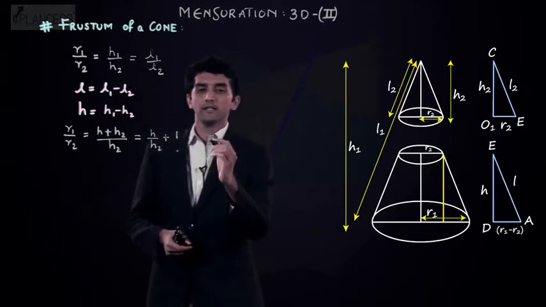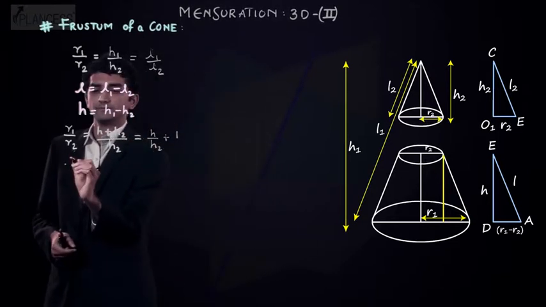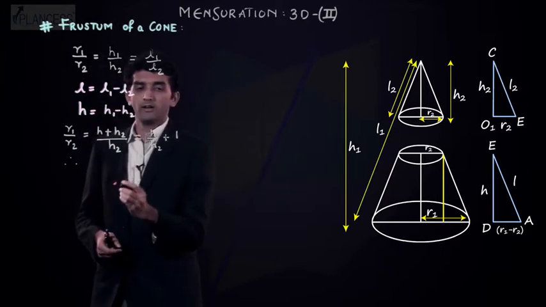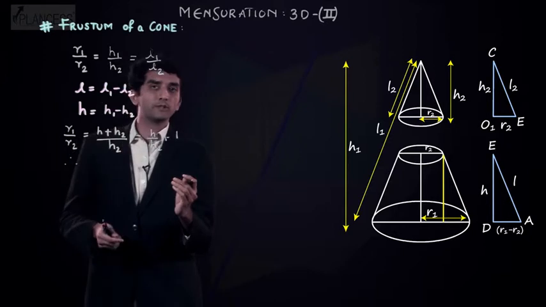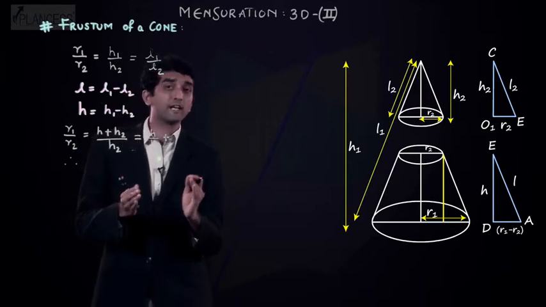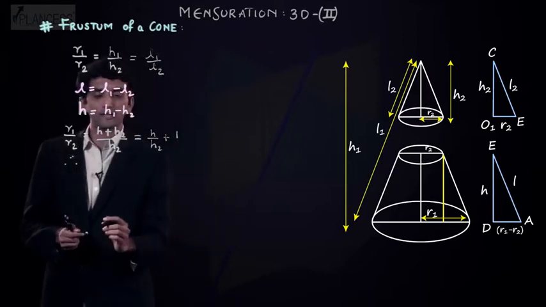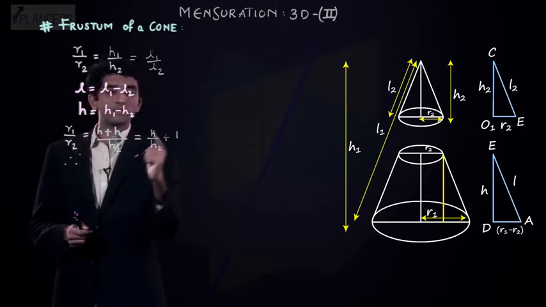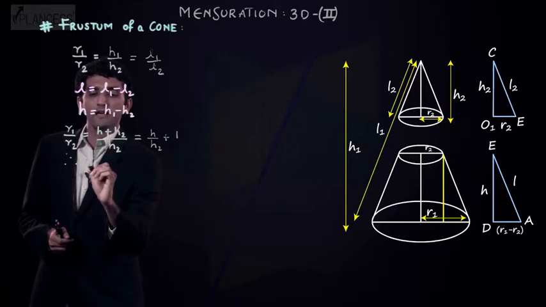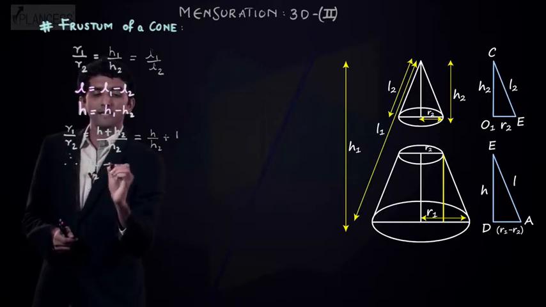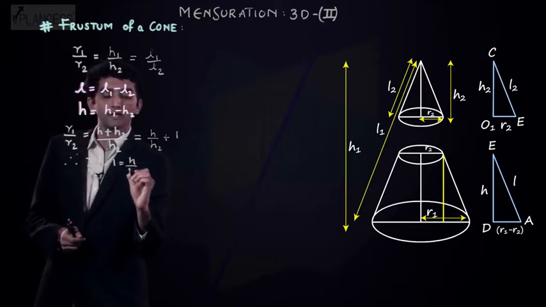Now this further gives us r1 upon r2 equal to h upon h2 plus 1. Since our target is h2, we need to have h2 separately, so we take the 1 on the left hand side. So we have r1 upon r2 minus 1 equal to h upon h2.